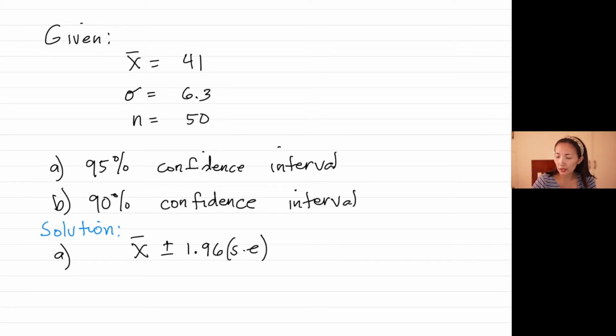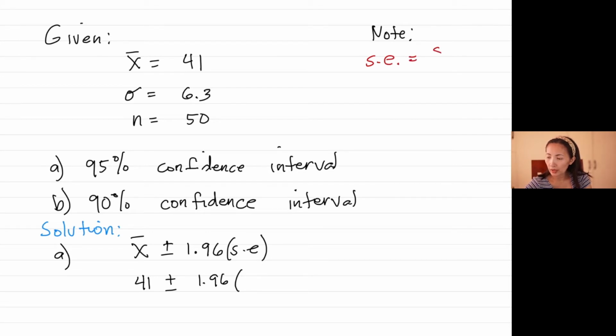X bar is 41 plus minus 1.96 times, okay, in this case, the standard error is not given. Note, SE is equal to S over the square root of N. So here the standard deviation is 6.3 over the square root of 50.